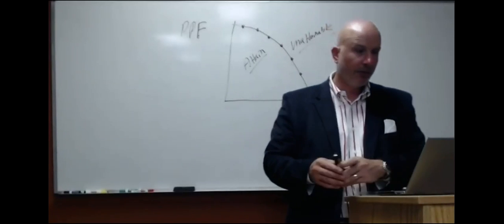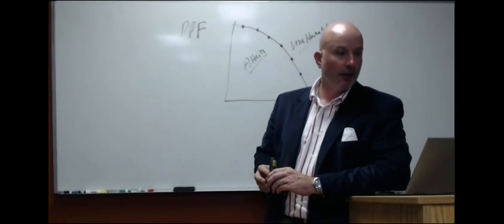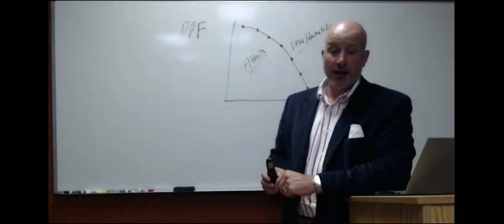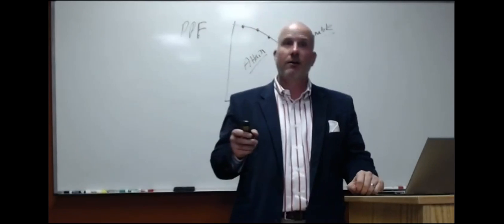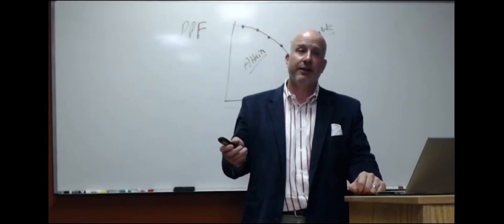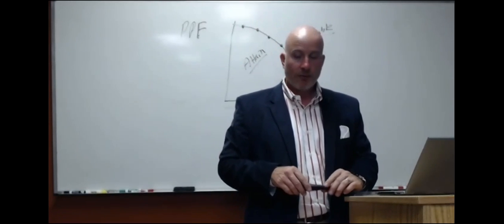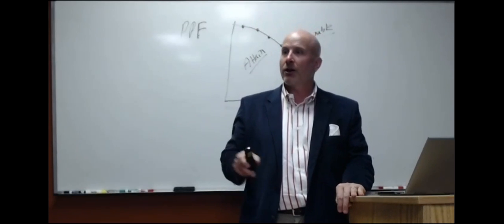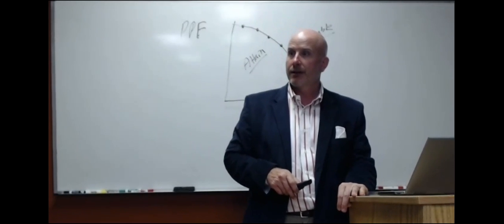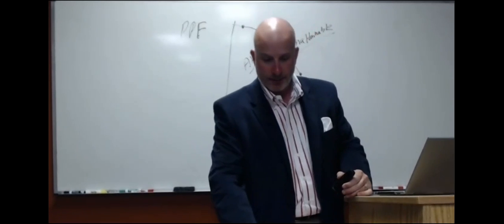Now, if we cannot produce more of any good without giving up some of another good, we're being efficient. And remember, each point along that PPF lets us know that we are being efficient.